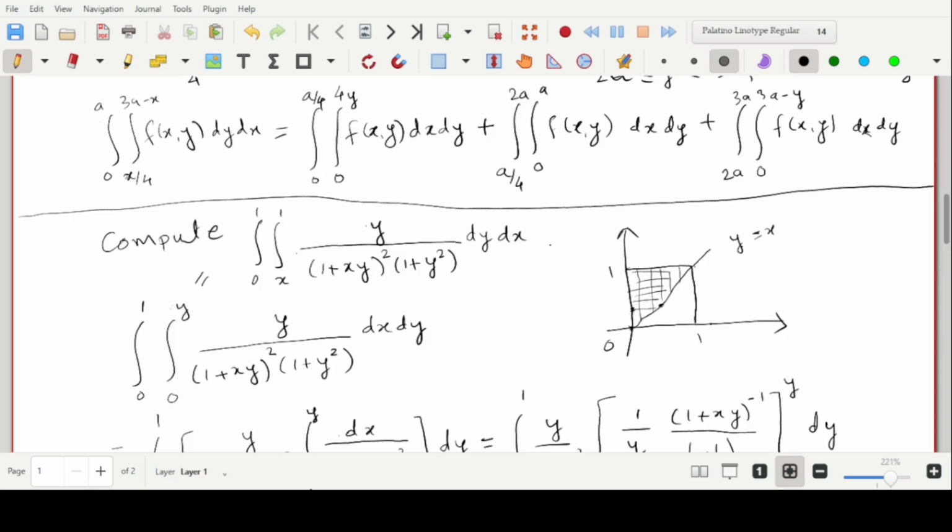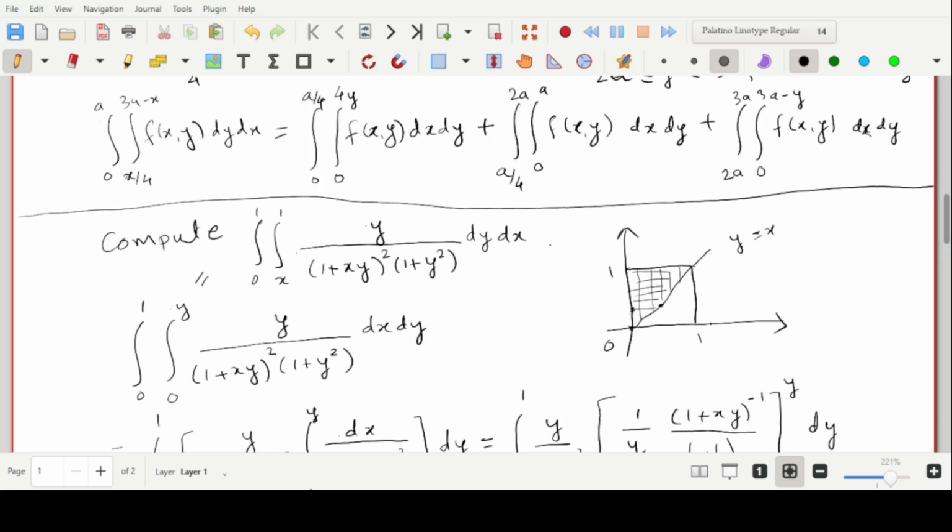So by changing the order of the integral, changing the order of the variables, we can easily solve some of the problems. So whenever you see an integral, double integral or triple integral, especially now since we are dealing with double integral, look at the function that you are trying to integrate.